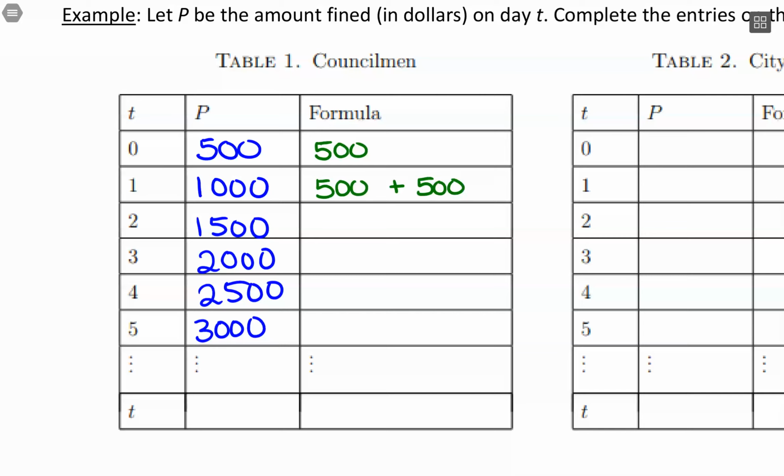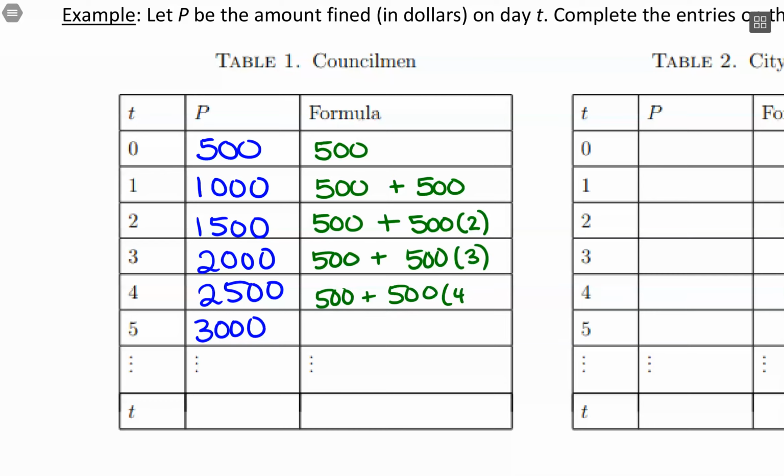On day 2, and this is where I'm going to organize this in a way that helps us with our formula, we have the initial value of $500, and then we're adding on 2 days' worth of additional fines, so we have this additional $500 two times. And then on day 3, we have the initial value of 500, and we're adding on this extra 500 three times, and so on as we go down.